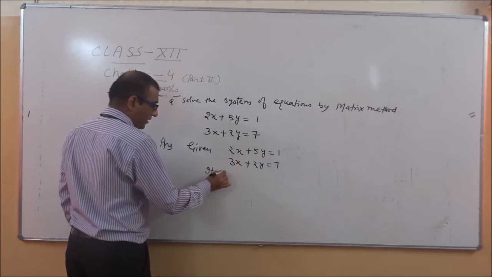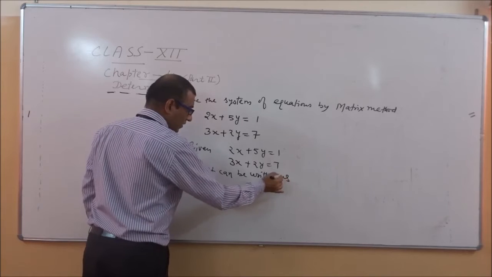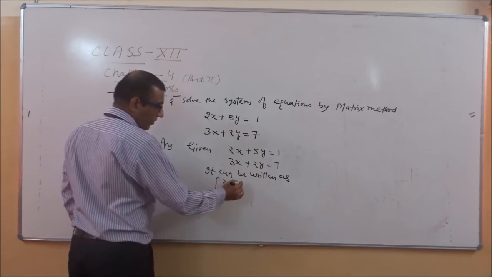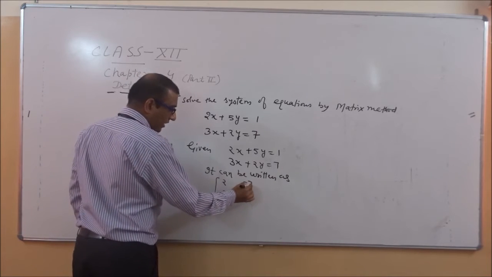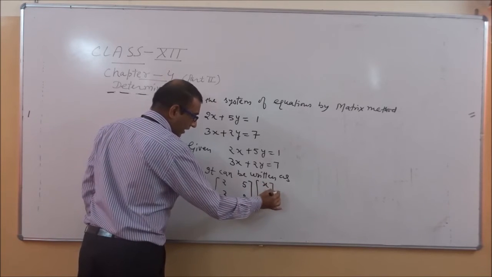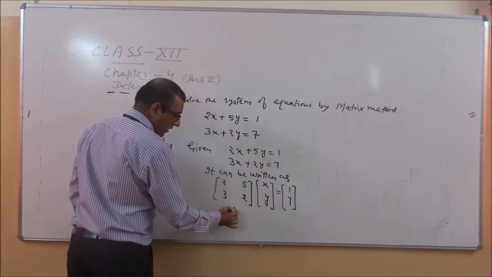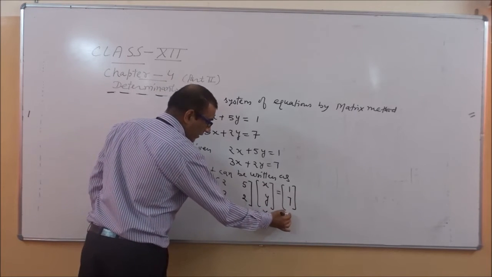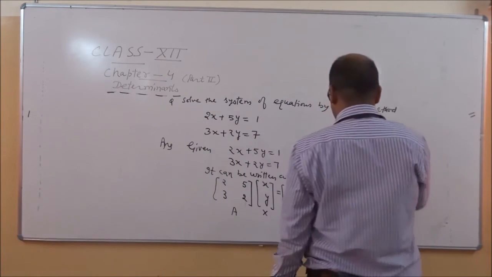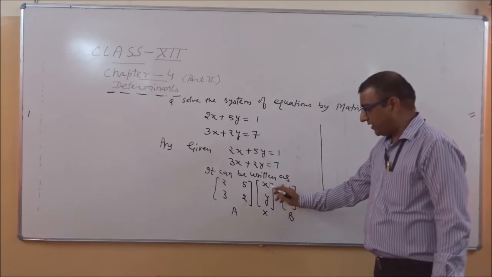It can be written as 2, then 3, these are the coefficients of x, 5, then 2, these are the coefficients of y, then we will write x, y, and here we will write 1 and then 7. We can say first matrix is A, this is X and this is B. Now we have to calculate basically the value of capital X, that is x and y.